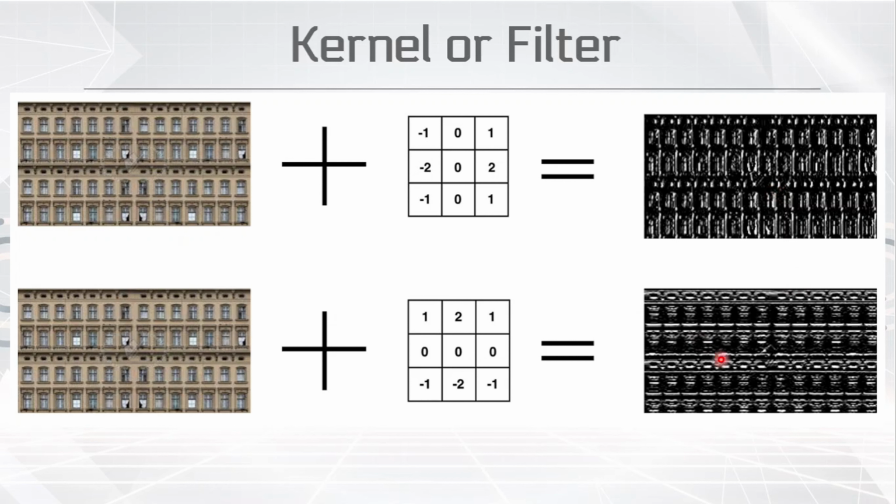But in the second image, you see the horizontal lines have been highlighted because I have used the horizontal kernel. The kernel simply maps over the image and the result contains the information about the image. In real convolutional tasks, these kernels are trained in the training phase and their weights are updated regularly. The weights are the values of the matrix you see on the screen. These two kernels are just examples for lines.